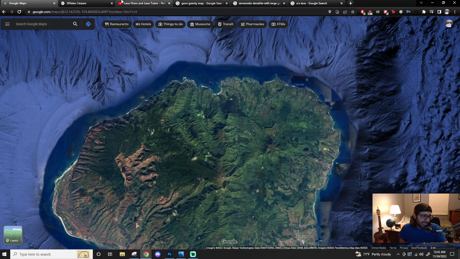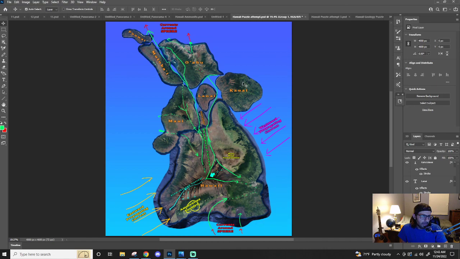Does that fit? Where did I say? Okay, this is North America. Yeah, I said this is North America, right? Okay, that gives us an idea, though, that there's got to be something missing in the positioning of these.